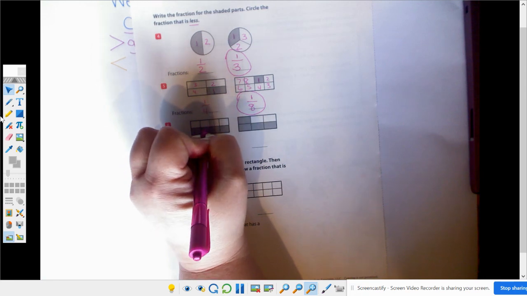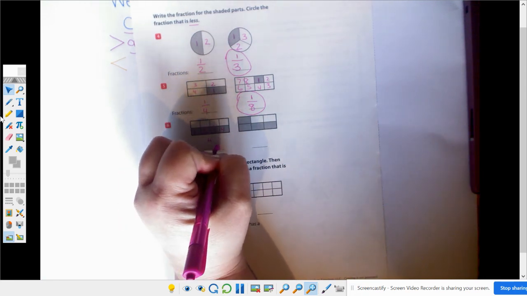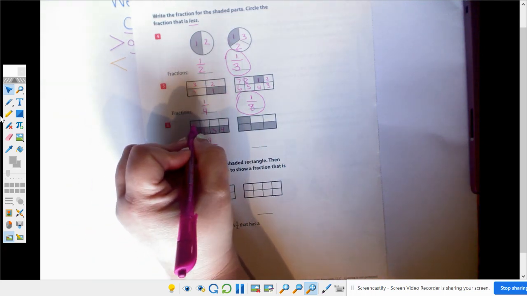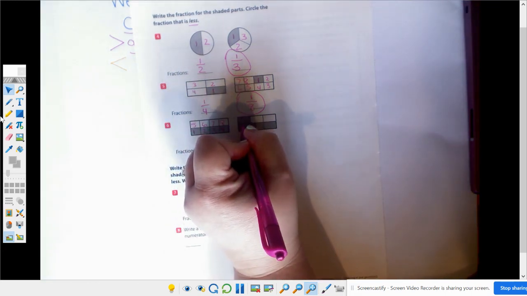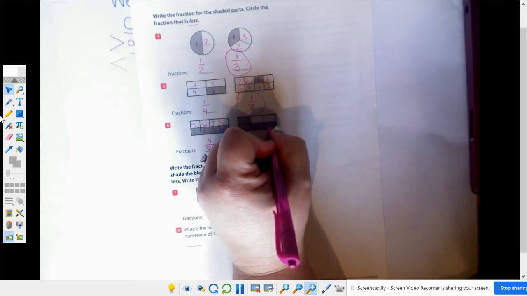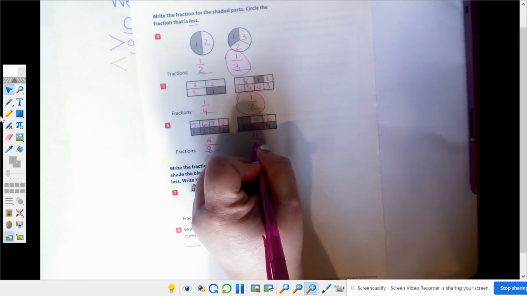Question 6. 1, 2, 3, 4 parts shaded, so that's my numerator, out of 5, 6, 7, 8 parts total. So my fraction is 4/8. Over here I have 1, 2, 3, 4 parts shaded out of 6 parts total.